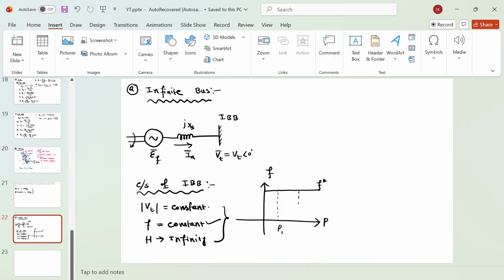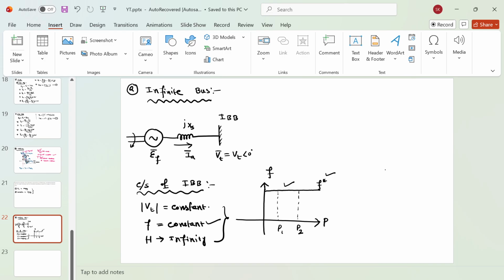Even if you are increasing the load to P2, you still have the bus frequency constant. Even if you inject some amount of active power into the grid, the frequency of the bus bar needs to be constant. This is the characteristics of the bus bar.